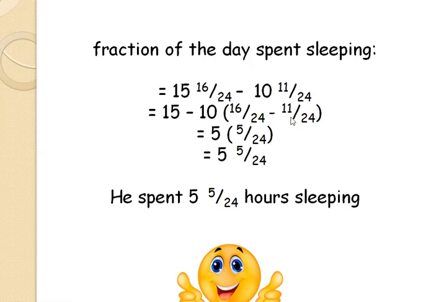Did you get that? Okay, so 15 minus 10 is 5. My denominator remains 24. And 16 minus 11 is 5. So this is my answer, 5 whole number 5 over 24. He spent 5 whole number 5 over 24 hours sleeping. Did you get that?